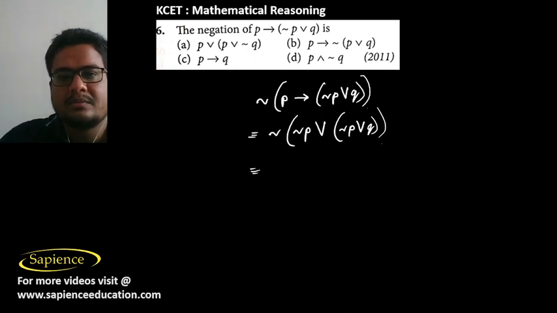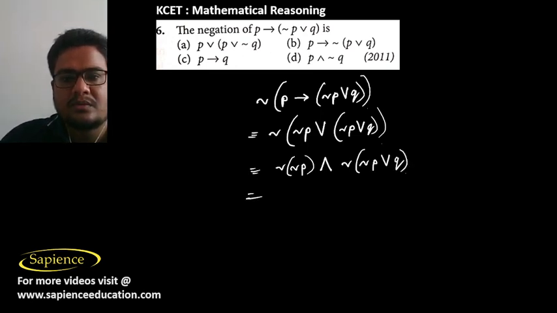We apply De Morgan's law, it will be not of not P and not of (not P or Q). So not of not P is P, and here again we have to apply De Morgan's law.